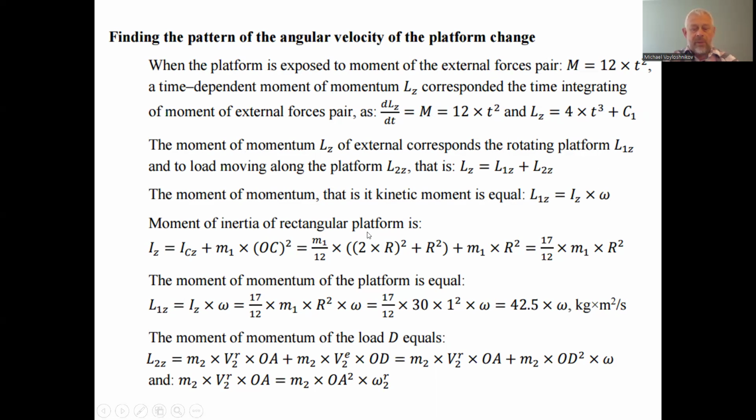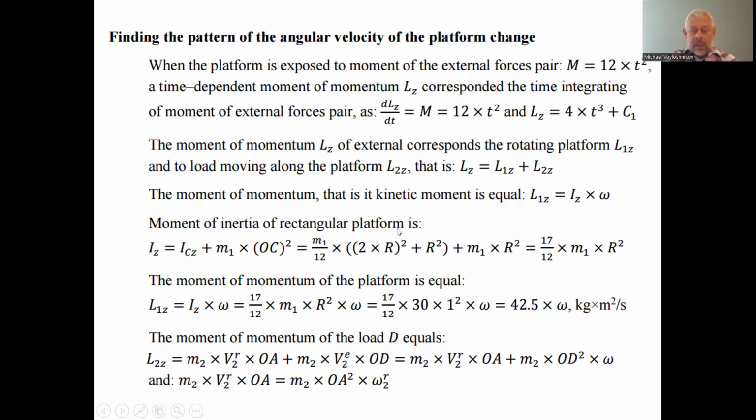The momentum of the external force corresponding to the rotating platform with this load moving by the channel consists of two summands. This is the moment of momentum, the kinetic moment of the rotation around the applied axis of the platform with the definite mass assigned, and the momentum of the complex motion of the load moving by the channel with the assigned pattern of the motion.